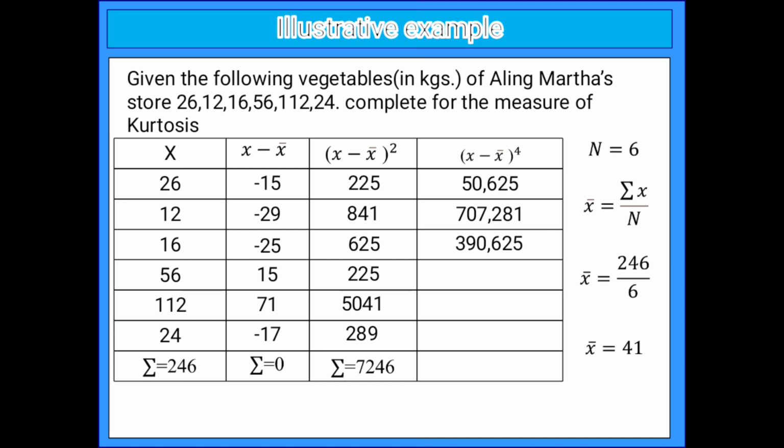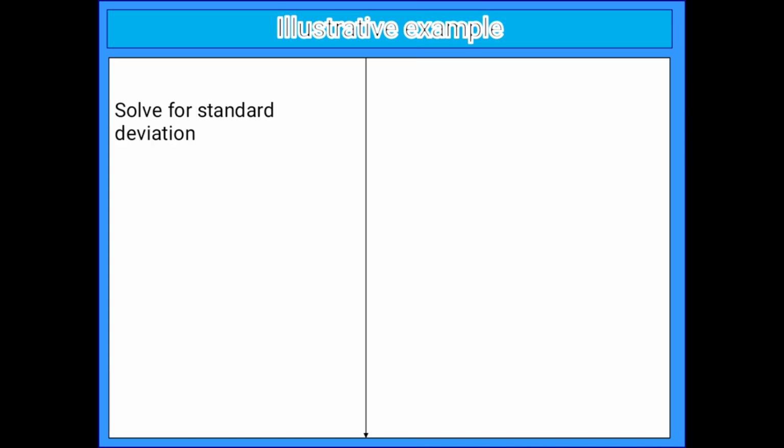And then 15 raised to the fourth power is 50,625. 71 raised to the fourth power will be 25,411,681. And 17 raised to the fourth power is 83,521. So get the sum of all of these. We're going to get 26,694,358.